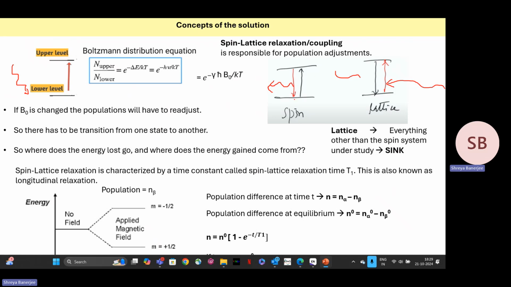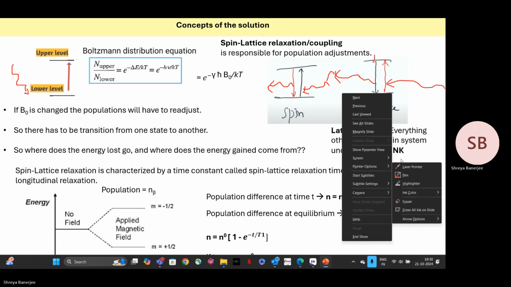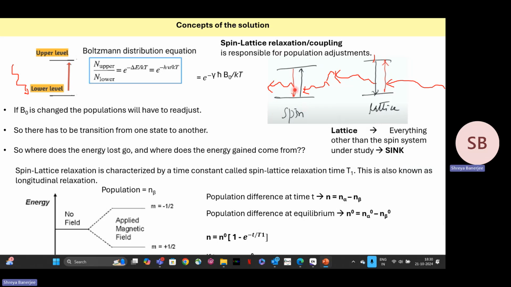Similarly, if a spin is promoted from lower to higher, it has to absorb some energy. And where will this energy come from? It will come from a spin in the lattice that is coming down. So when the lattice spin comes to the lower energy, it will release an energy, and this will be absorbed by the spin. So basically, whether the energy is released or absorbed, it is done from the lattice, and that is why it's called spin lattice relaxation.